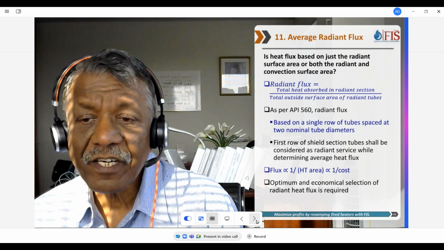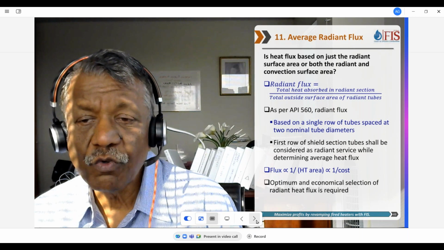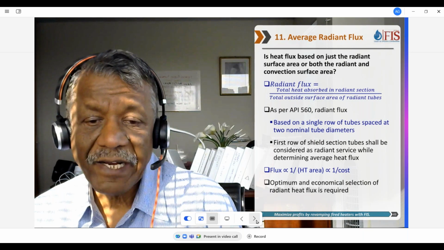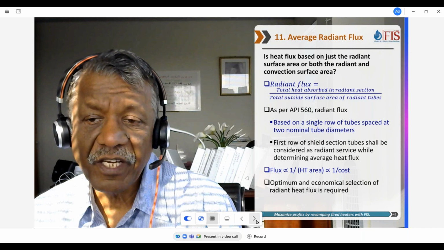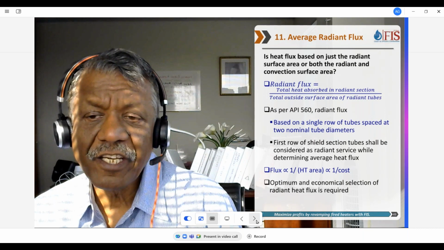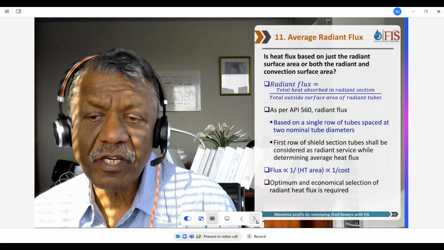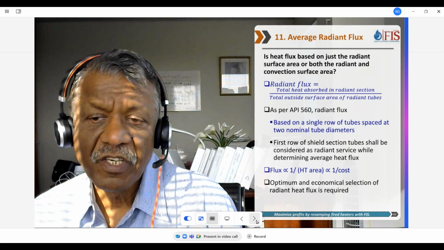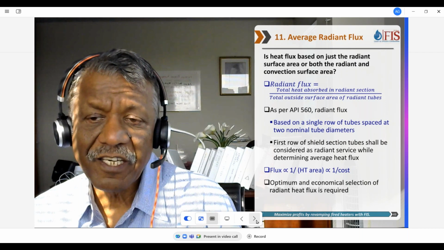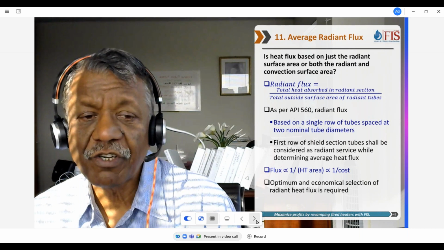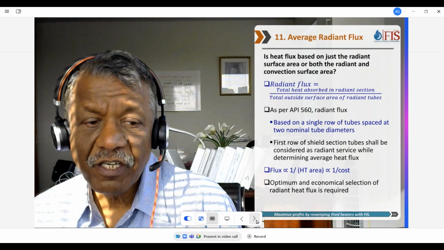Heaters with higher radiant flux may lead to shorter run length, and that shorter run length would mean that in a 10-year period, instead of having 2 turnarounds or 2 cleaning cycles, you may get 3 cleaning cycles. Is that extra cleaning cycle going to wipe out your entire savings? That's what you have to evaluate, and move on.